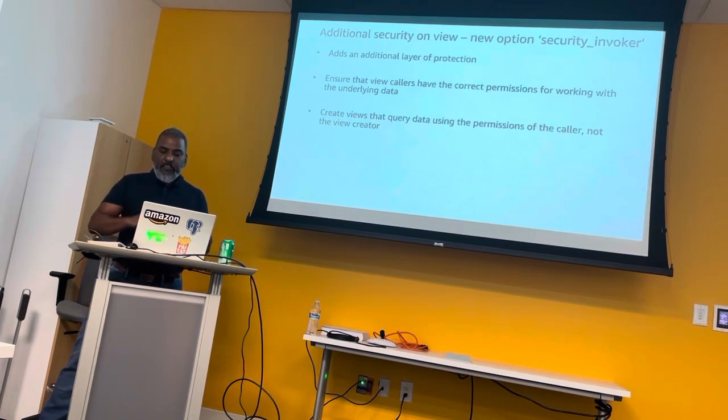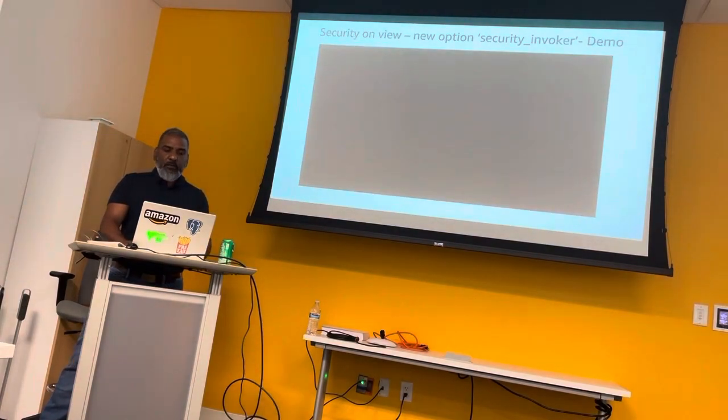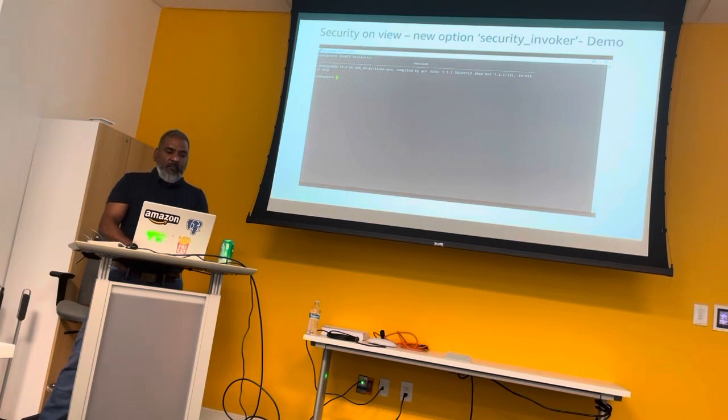So we will understand this by demo. By default security_invoker is off, but you need to pass this option when you create the view, and I'll show you how to use it. Once again, I'm using 15, and I will create some tables like here. Current user. Okay, so current user is PG user 1, that's the person who's creating the table.